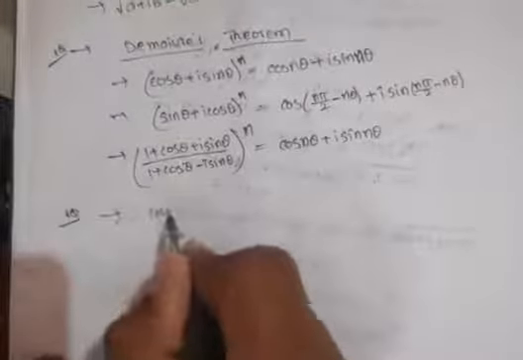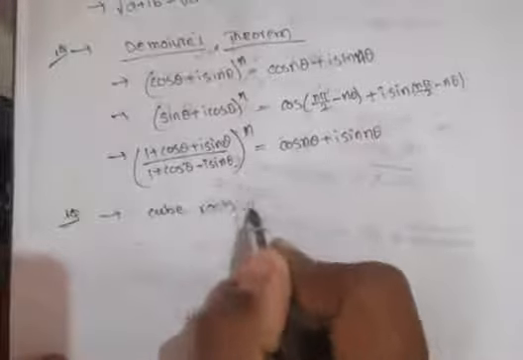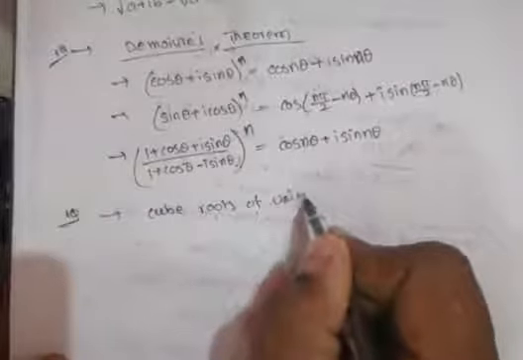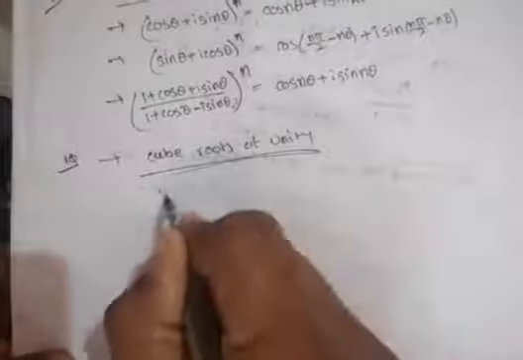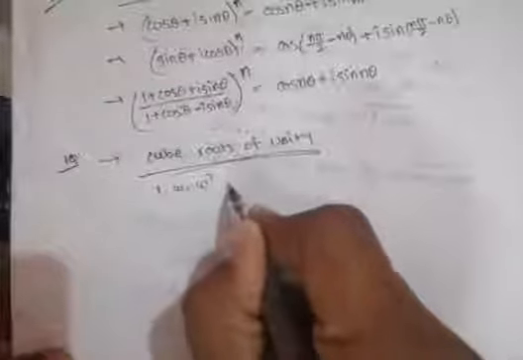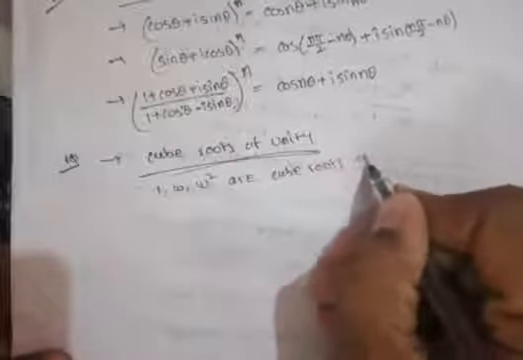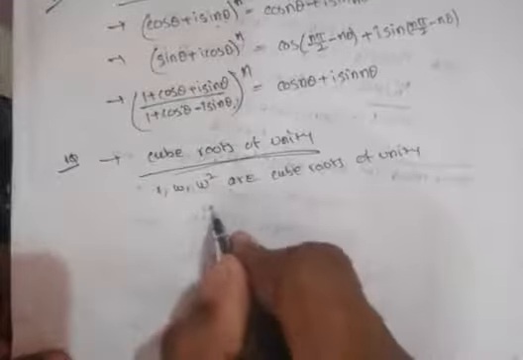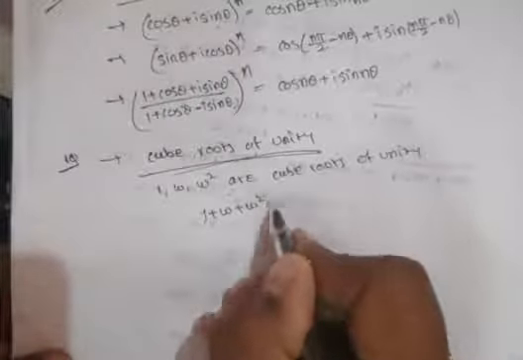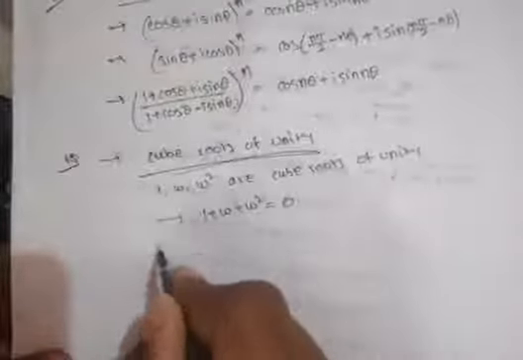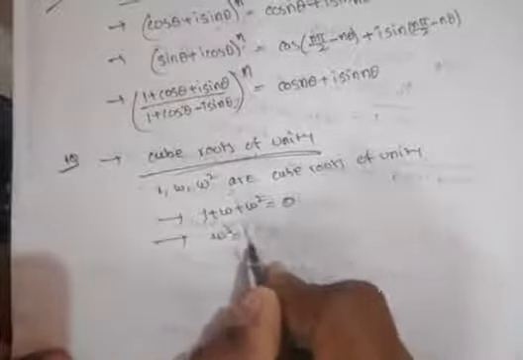And one question will appear on cube roots of unity. Here 1, omega, omega square are the cube roots of unity. Then 1 plus omega plus omega square is equal to 0 and omega cube is equal to 1.